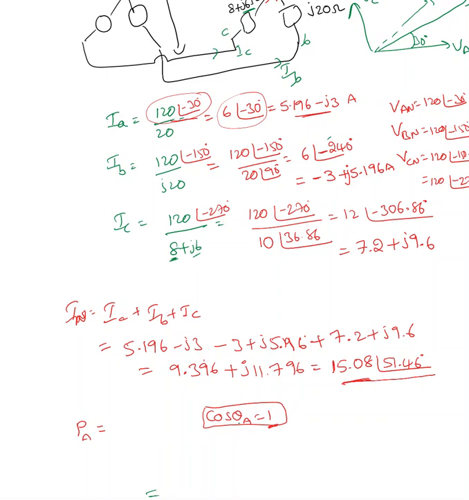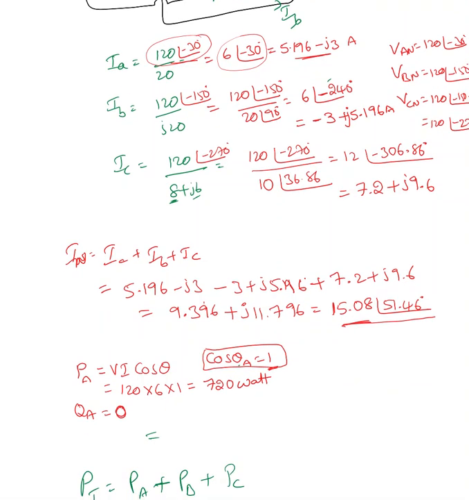So PA equals VI cos theta, where V is 120, I is 6, and cos theta is 1. So the power consumed here is 720 watts. Now QA must be 0 because there is no reactance. PB, the power consumed by load B, must be 0 because there is no resistance. Active power is always consumed by the resistor.